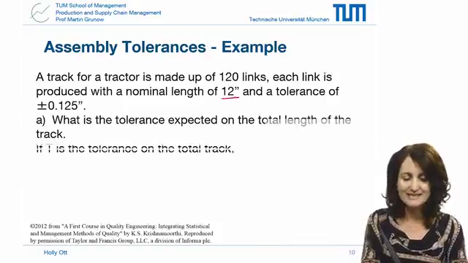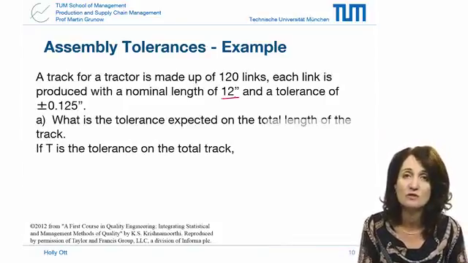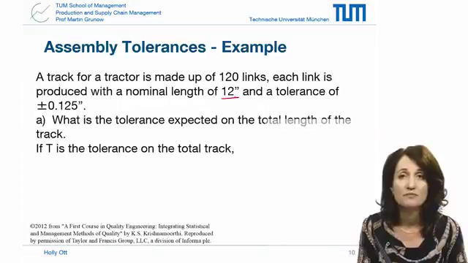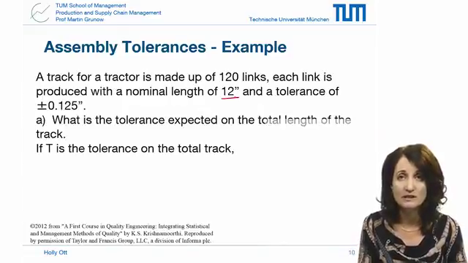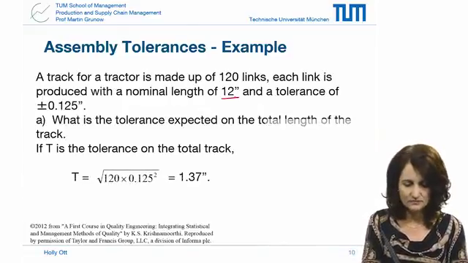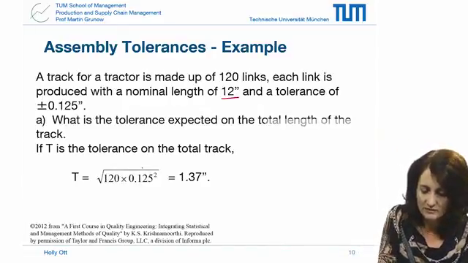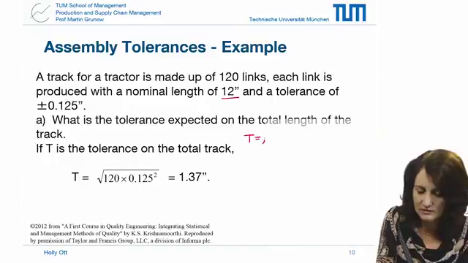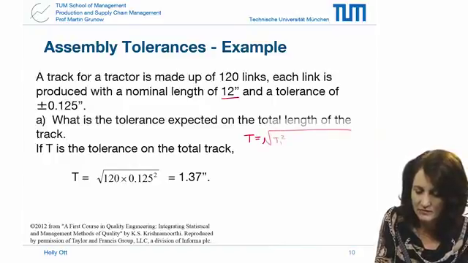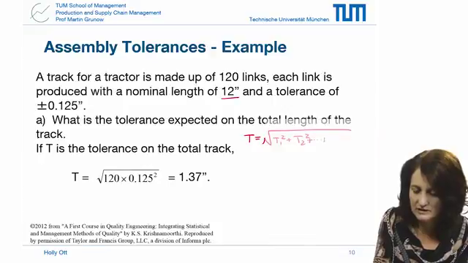So if you let T equal the tolerance of the total track, then the total tolerance is going to be equal to the square root of the sum of all the different tolerances squared.